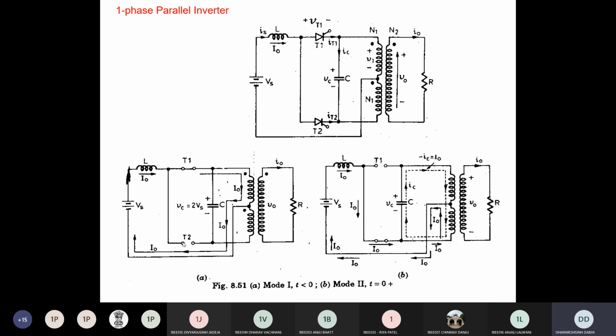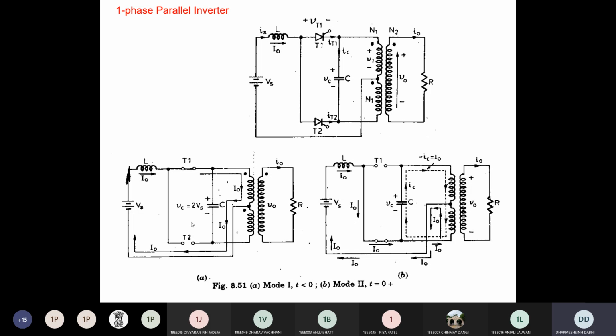Clear? Now when you fire T2, what will happen? The positive of this capacitor is connected with the cathode of T1, and the negative terminal, through this T2, is connected with the anode. So what will happen? Minus 2 Vs reverse voltage comes across this thyristor T1. As you know, when you apply a large reverse voltage across the thyristor, it will turn off. Clear?